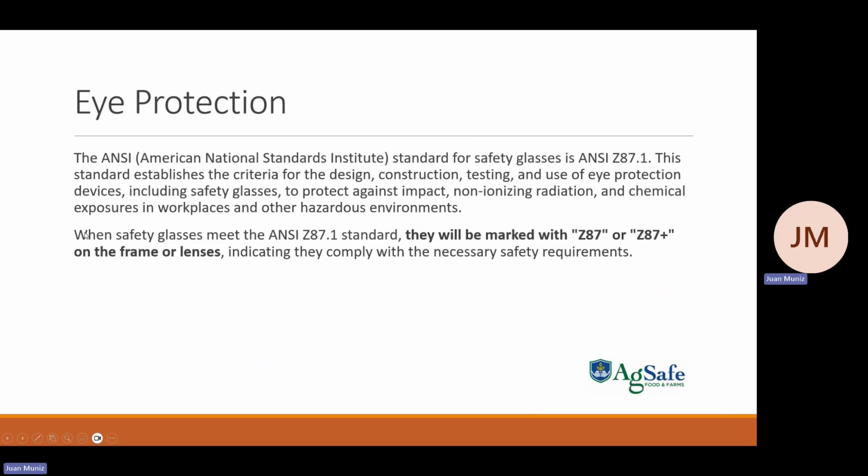The easiest way to understand that they meet the ANSI Z87.1 standard is to look at the frame or the lens. They will usually be stamped with Z87 or Z87 plus. That means that at the very least they meet the ANSI standard, and the plus means that it exceeds that standard.